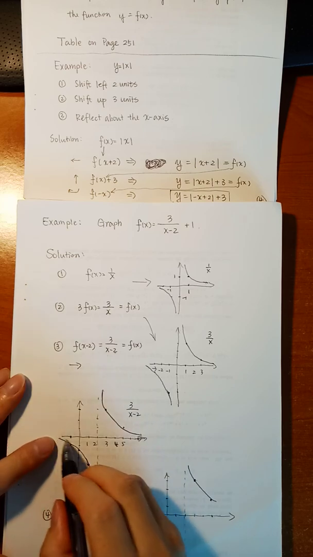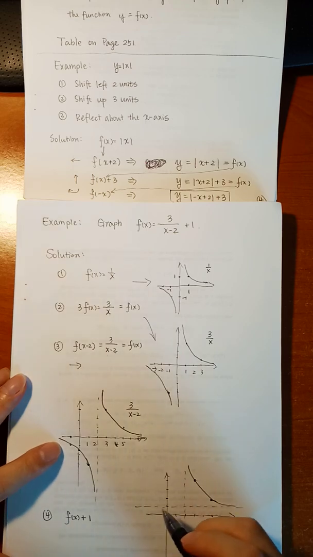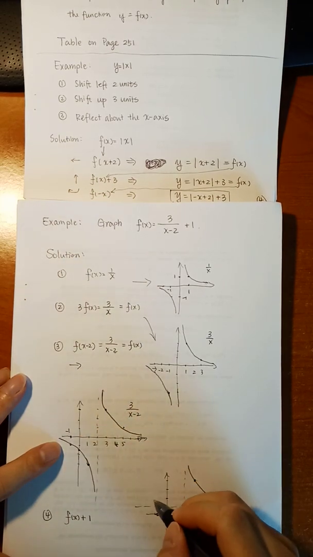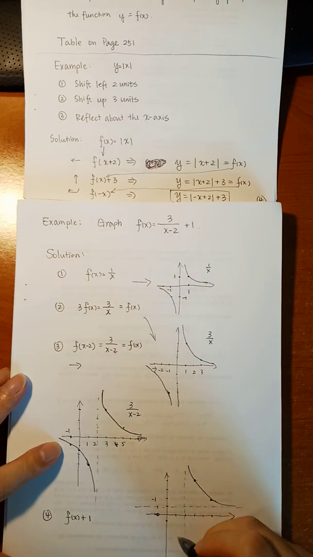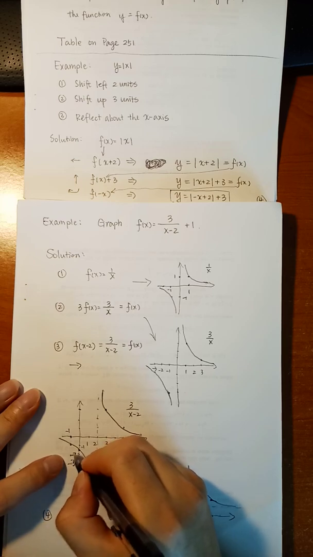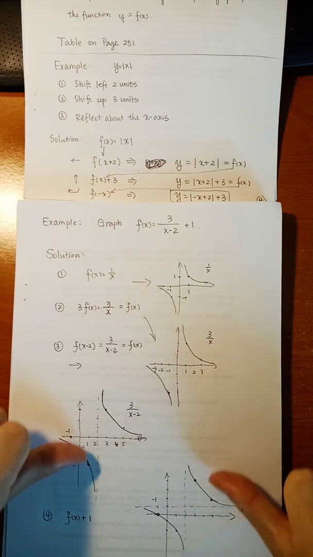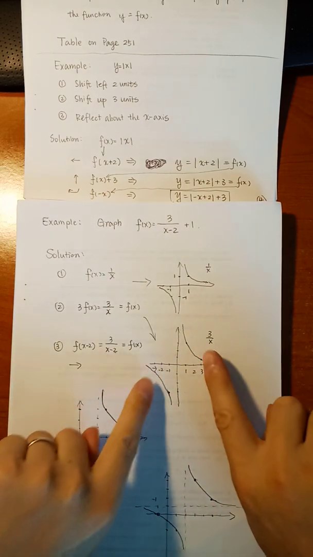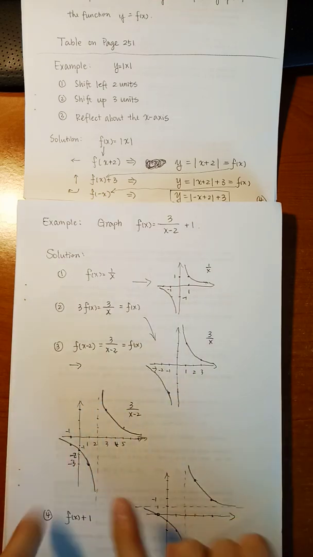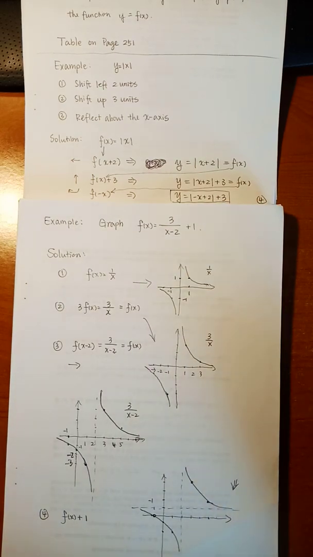And this x-axis line is shifted to this line. And here negative 3, you shift it up 1 unit, is negative 2. Okay, so you lift this graph 1 unit up, you move this 2 units right, you get this one. So this is the required graph.